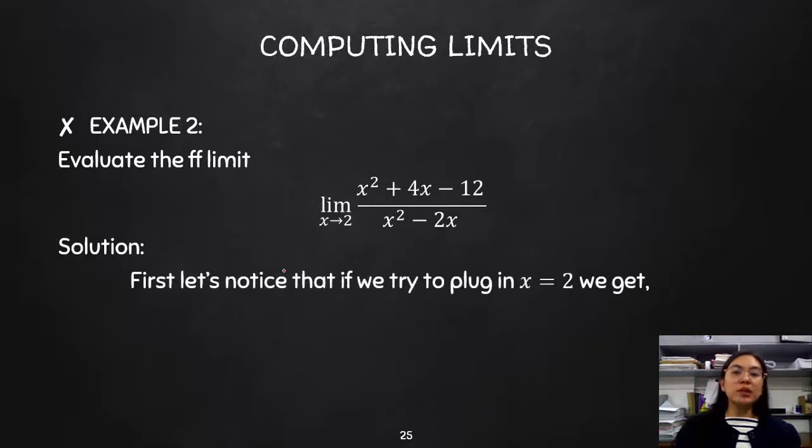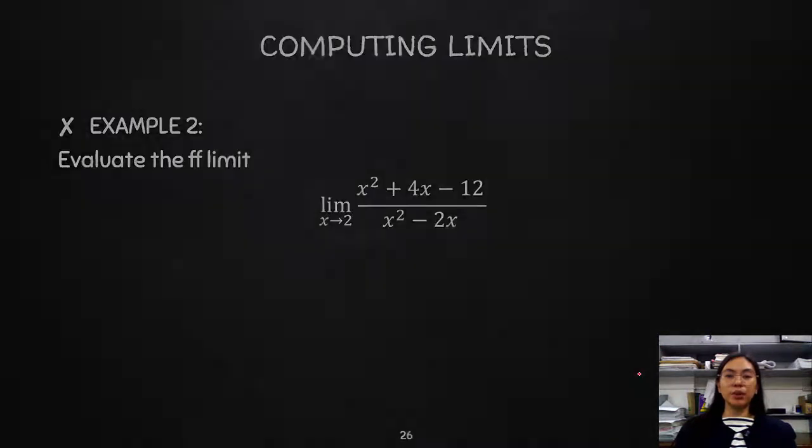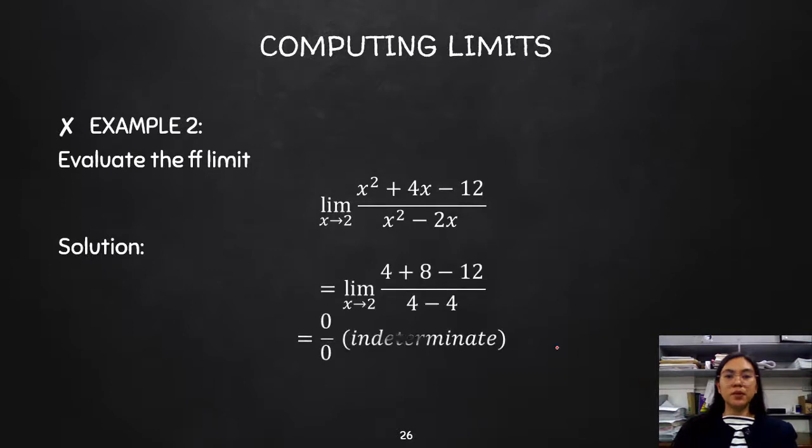So first, let's notice that if we try to plug in the value x is equal to 2, we get 2 squared. Parang sinubstitute lang po natin yung number na 2. So we will get 0 all over 0, or it's in the indeterminate form.